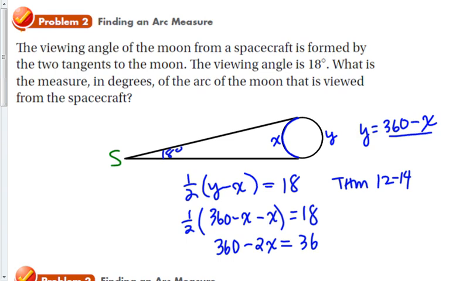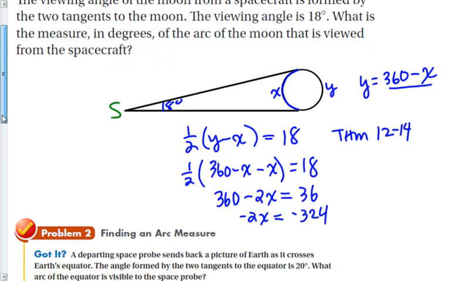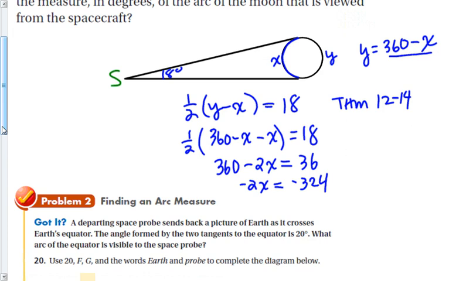Then if we subtract 360 from both sides, we get negative 2x is equal to negative 324. Dividing both sides by negative 2 gives us x is equal to 162. So we can view 162 degrees of the moon from that position.